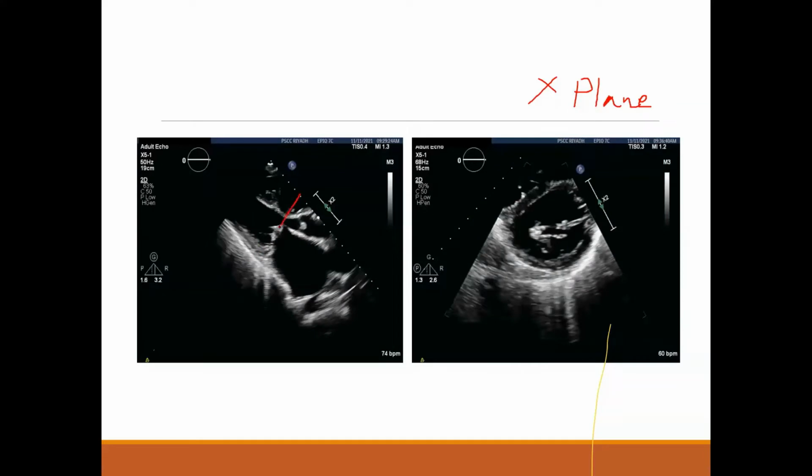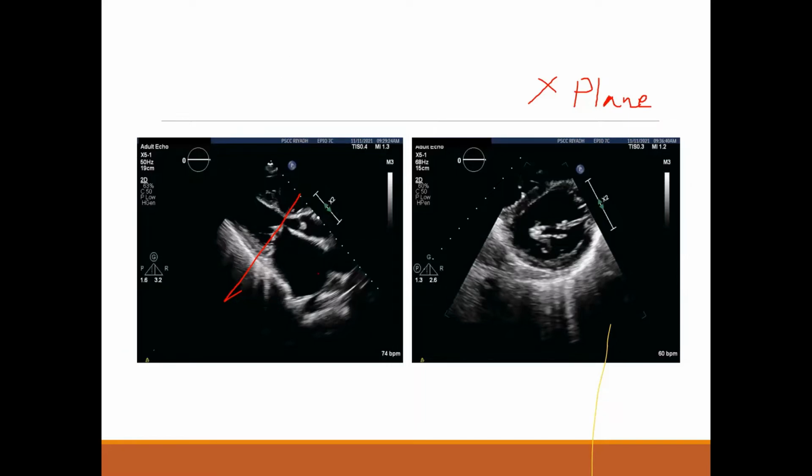I click on biplane and I'm going to have it in the short axis exactly here. So the X-plane, biplane technology and 3D made it easier for us to cut through the nervous part while we are seeing ourselves doing so. So this is an important way of assessing the area accurately.